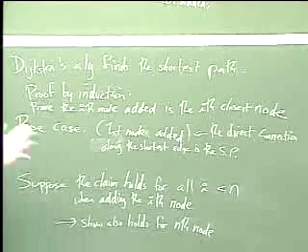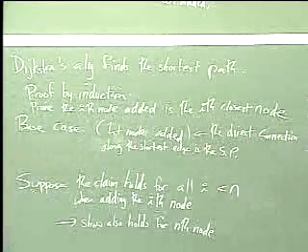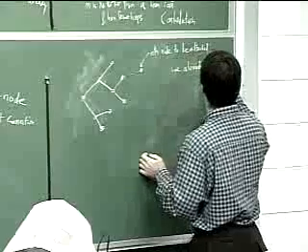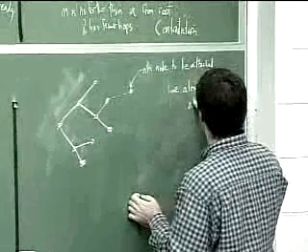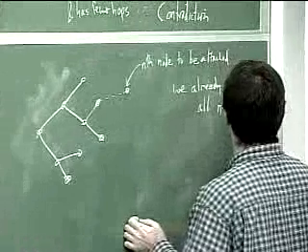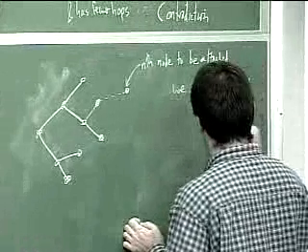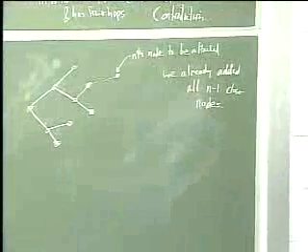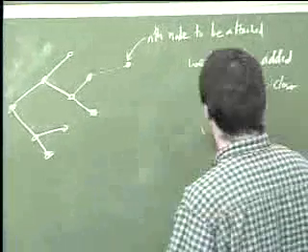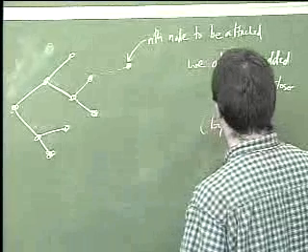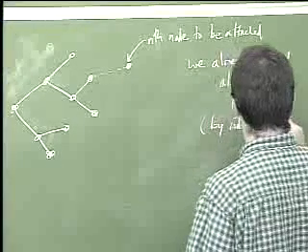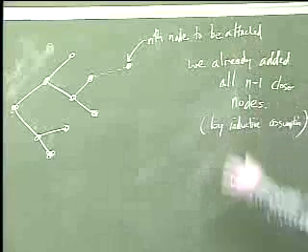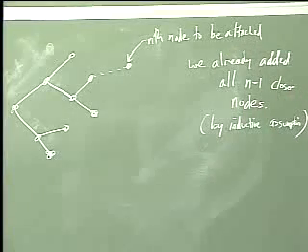So all these nodes have been added, so we've added all n minus 1 closer nodes, right, by the inductive assumption. Okay, and this is the nth closest node that we're adding now.